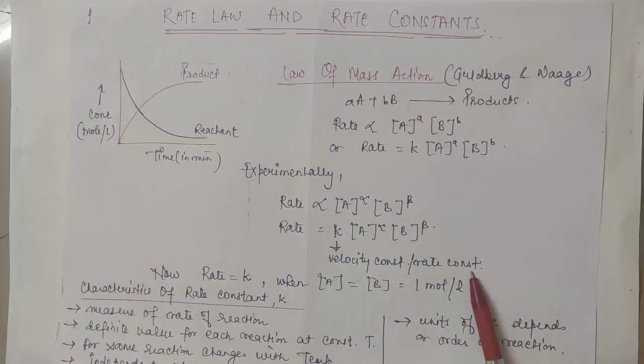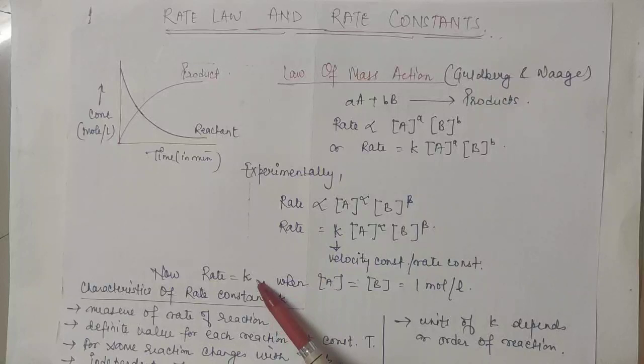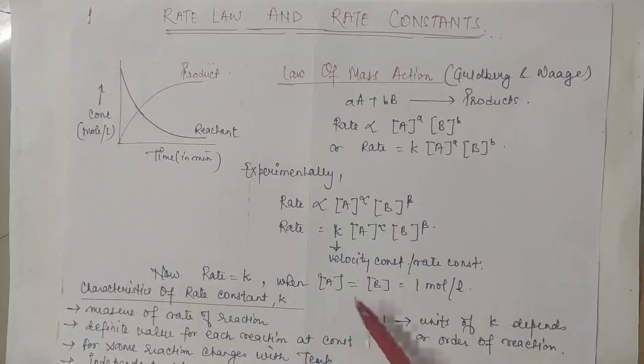K is known as the velocity constant or rate constant. The rate of the reaction will be equal to the velocity constant when the molar concentration of A is equal to the molar concentration of B, which is equal to 1 mole per liter.